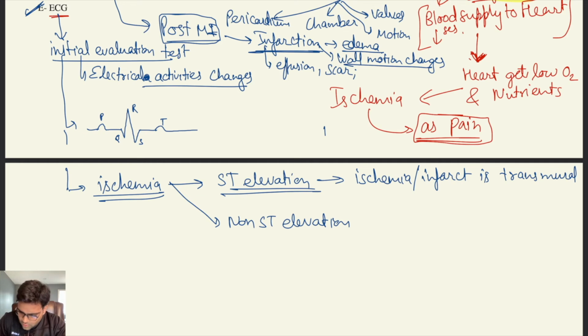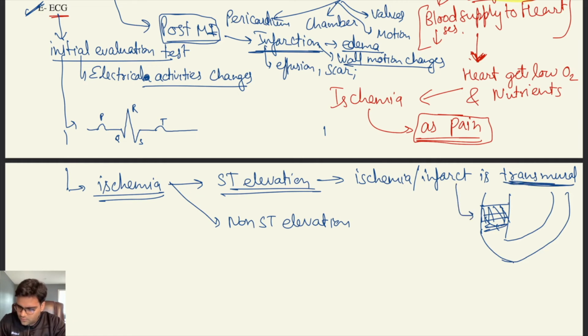It means the whole wall of the heart is involved. If the vessel that is supplying this area of the heart, let's consider this as a chamber, then the whole area got infarcted. So this is transmural, the whole wall got infarcted.